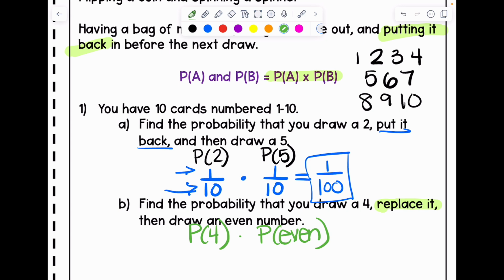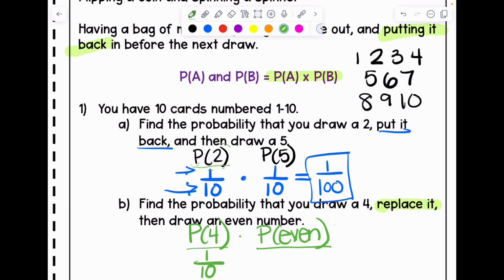And this notation that I'm using here, this capital P and then in parentheses the event, is just another way that you might see probability. P stands for probability of, and the event is in the parentheses. So the probability of getting a 2, or down here, the probability of getting a 4, and the probability of getting an even number. My chance of pulling a 4 randomly from that collection is 1 favorable outcome out of the 10.